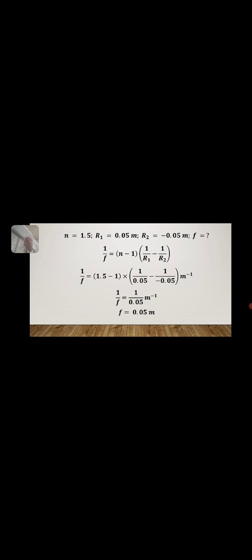Doing the calculations, lastly we get 1 upon f equals 1 upon 0.05 meters. Therefore, f equals 0.05 meter. Here, using this formula, we have calculated the value of f.